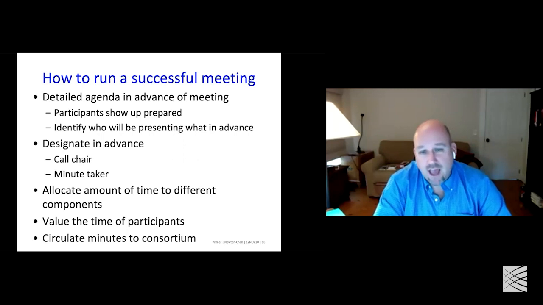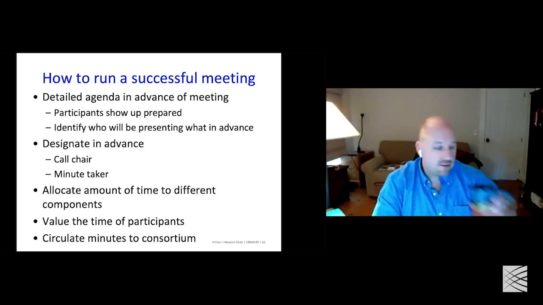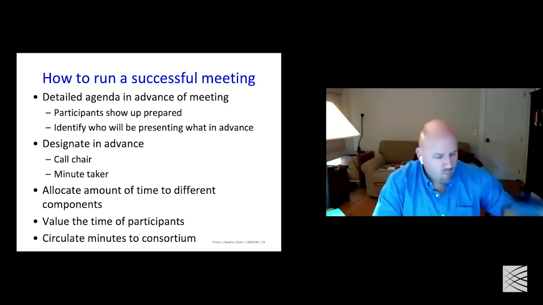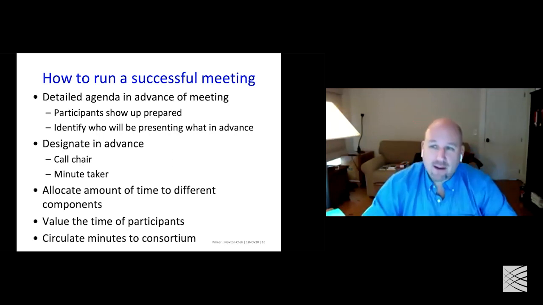It can be helpful to allocate approximately the amount of time that will be spent on the different components. I've definitely been on poorly managed consortium calls where there might be 4 agenda items and the first item takes 45 minutes and the last 3 items get packed into the final 15 minutes, and someone who came prepared with a presentation that would have taken 10 or 15 minutes is then forced to shrink it to 1 or 2 minutes or update the group offline.